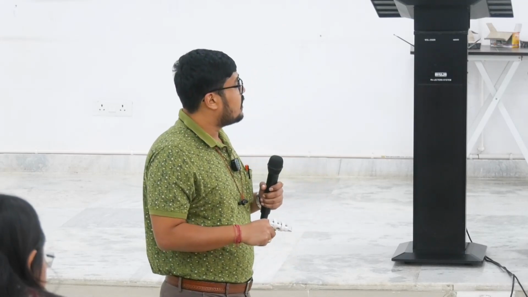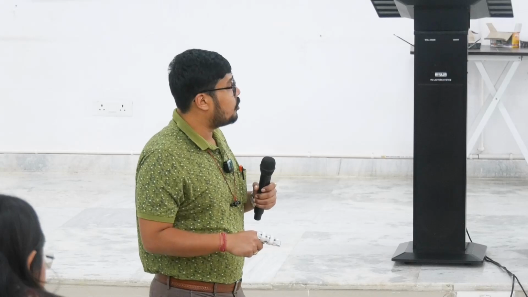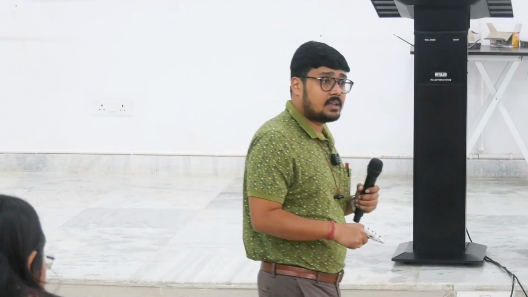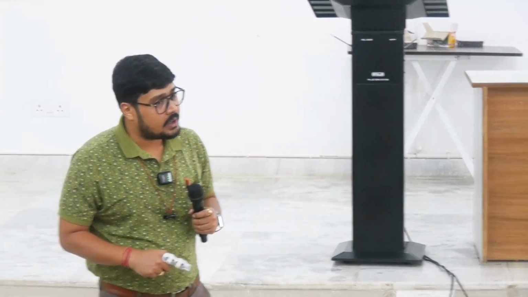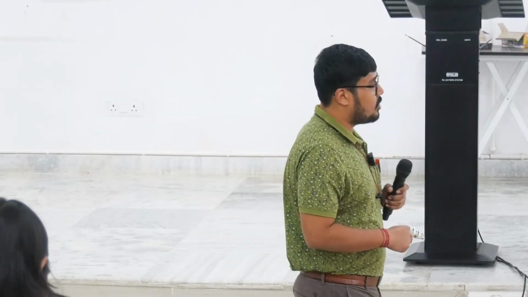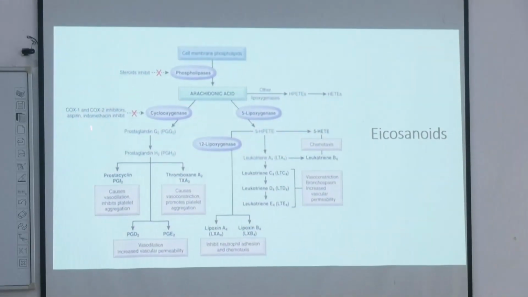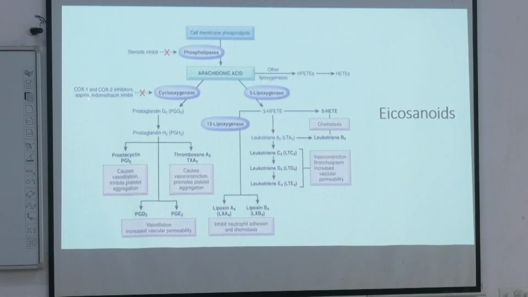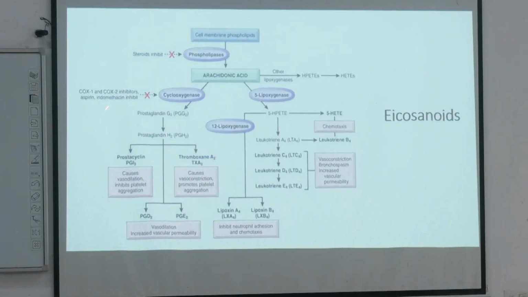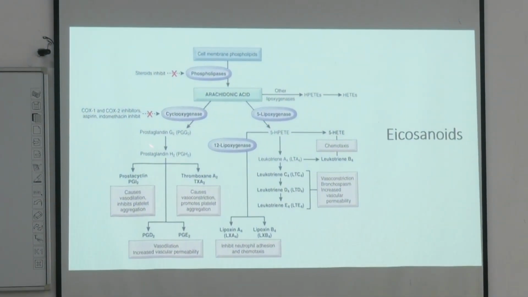Our important short note on icosanoids must include prostacyclin, thromboxane A2 and leukotrienes. Very important short note. You must write all of them, and also COX1 and COX2 inhibitors like aspirin, indomethacin, etoricoxib and celecoxib.